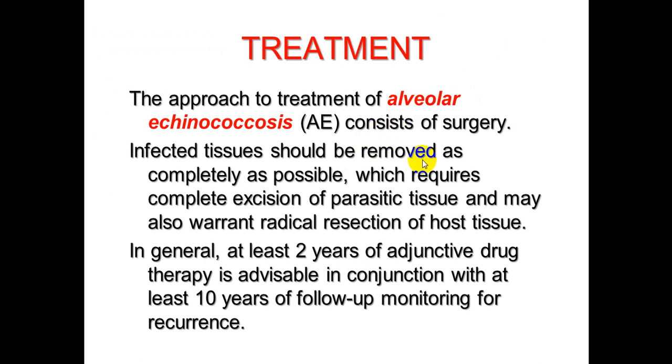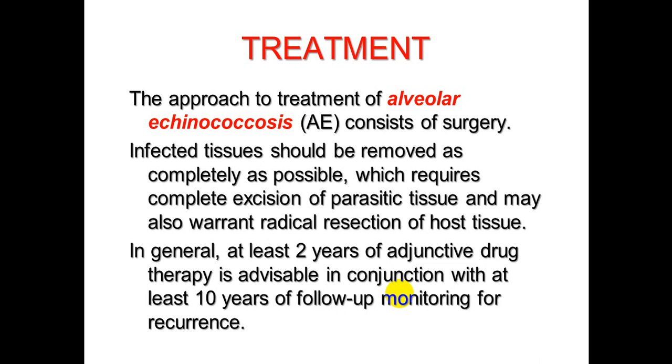So for lung hydatid cyst, the treatment is mainly surgery. Infected tissue should be removed as completely as possible, requiring complex excision of parasite tissue, and may also require radical resection of the host tissue. So sometimes they need lobectomy whenever it is possible. In general, at least 2 years of adjuvant drug therapy is advisable in conjunction with at least 10 years of follow-up monitoring for recurrence.